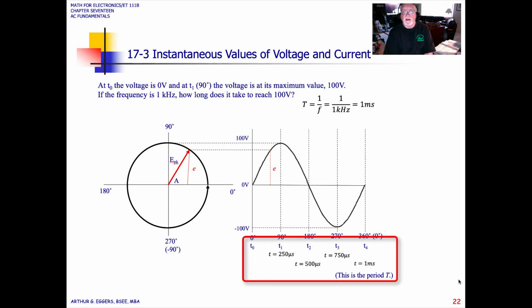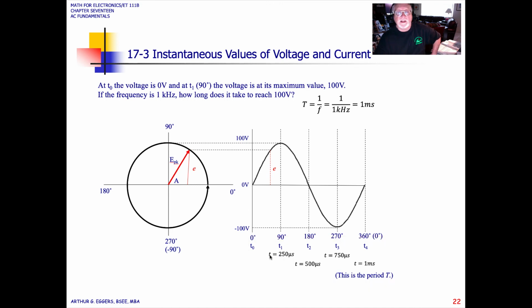If we were looking at one complete cycle occurring, at time t initial, t0, the voltage is equal to 0 volts. And we can see that because it's sitting right on the origin. And at time 1, in this case, we're going to call time 1 250 microseconds, we're at 90 degrees. We have a maximum value, or 100 volts. So in 250 microseconds, it goes from 0 to 100 volts and back to 0 again.